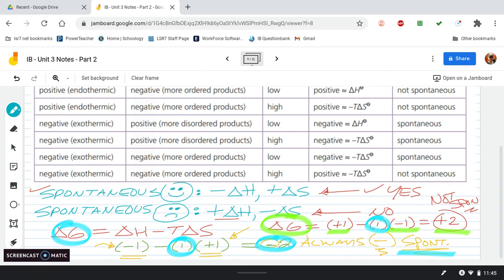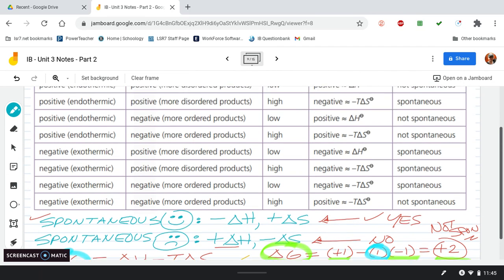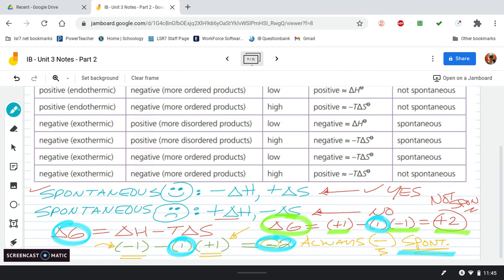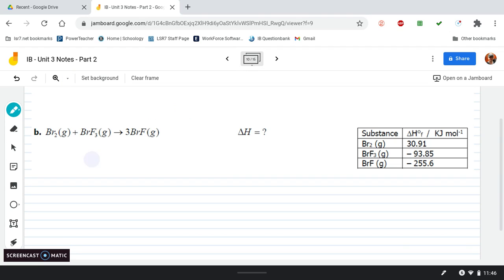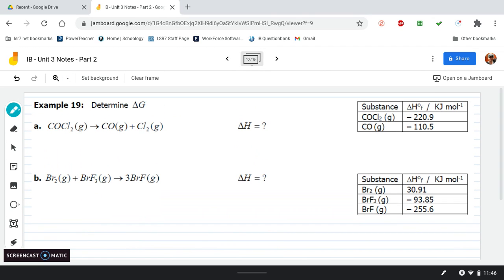In some cases, maybe it's a plus and a plus or a minus and a minus. Then sometimes it's going to work at high temperatures and sometimes at low temperatures. So this chart is interesting, but if you understand what always works and what never works, you really do better off.